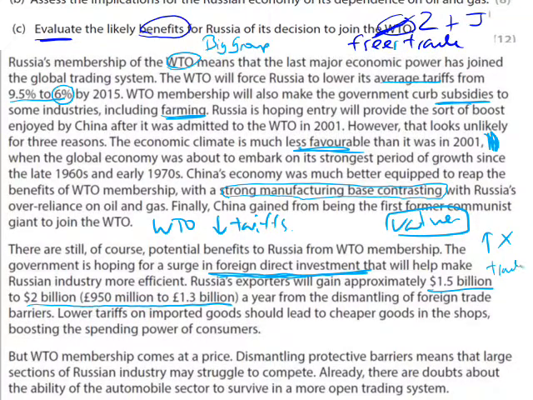So when you are applying, try and take these key figures from the case study. Then it repeats the bit about taking down protective barriers, and it's talking about people struggling to compete. So there you've got the very clear sunset industry argument.